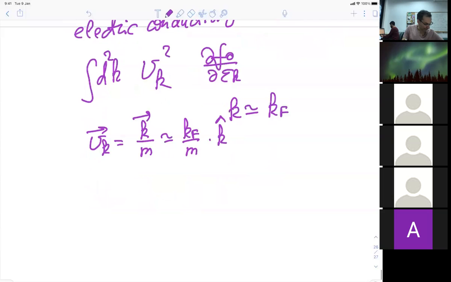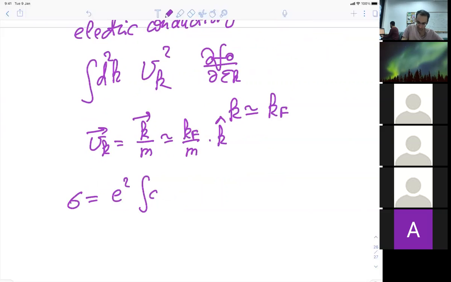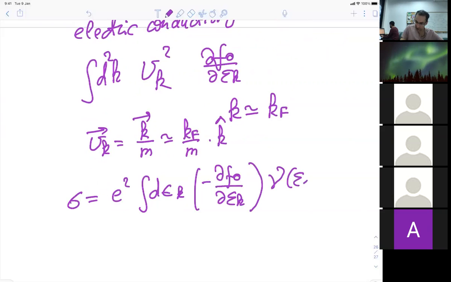So essentially we have the following integral: E squared integral over d epsilon k times minus df0 over d epsilon k, density of states at epsilon k, Vk as a vector, Vk squared in the direction, divided by the dimensionality of the space 2, times tau transport.